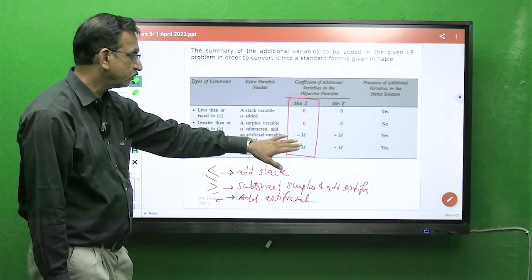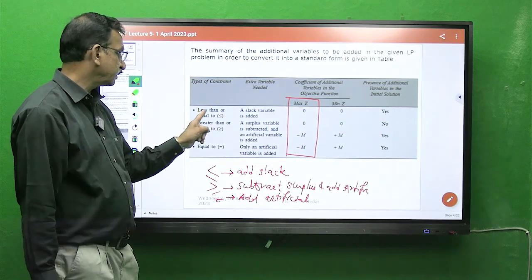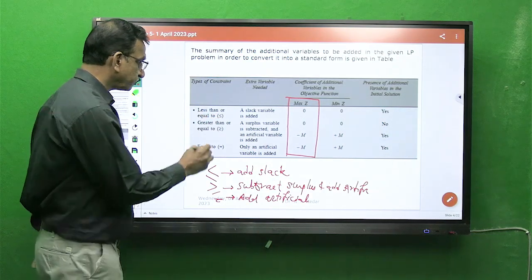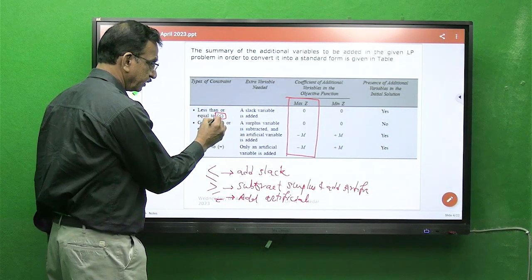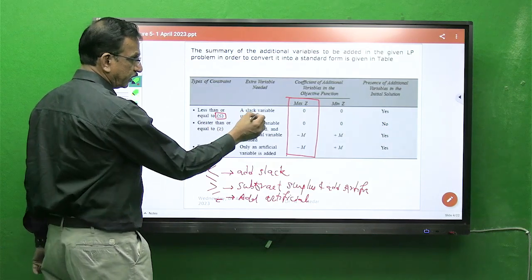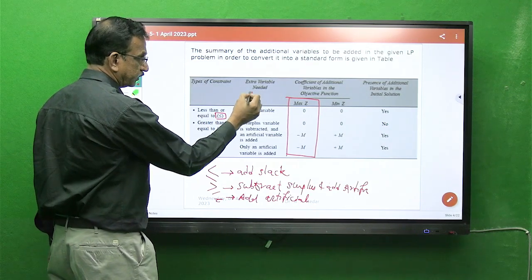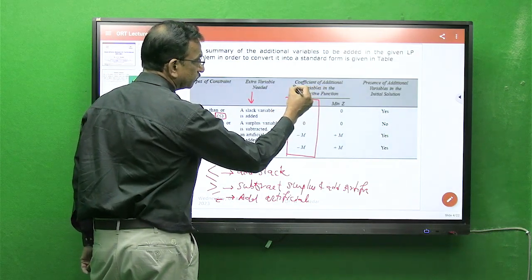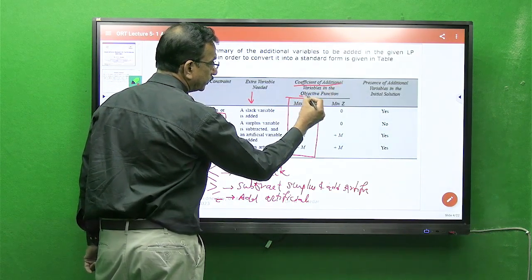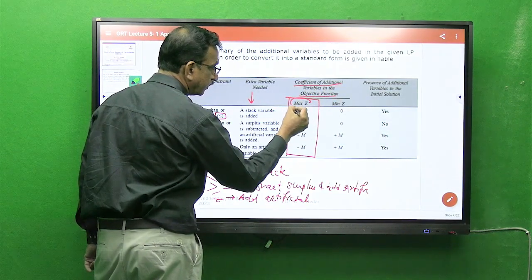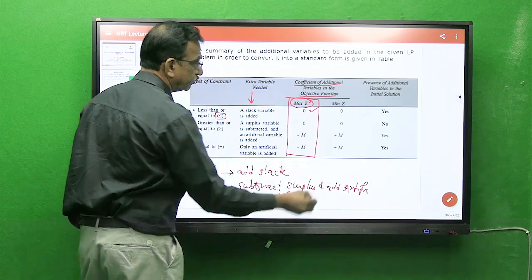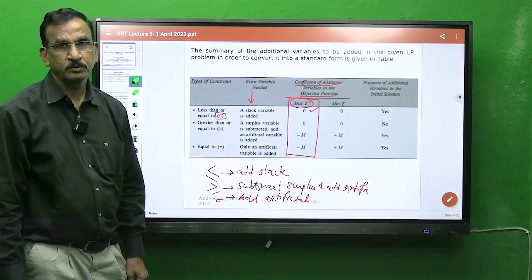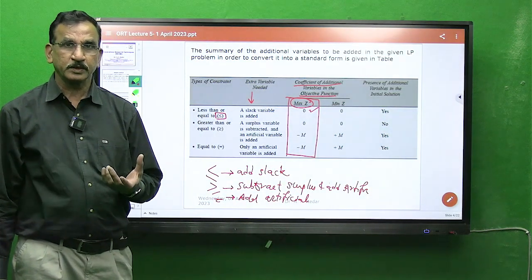Now what is given here, if it is less than or equal to, a slack variable is added. The coefficient of this variable in the objective function for maximize will be 0. Why 0? Because it is fictitious.